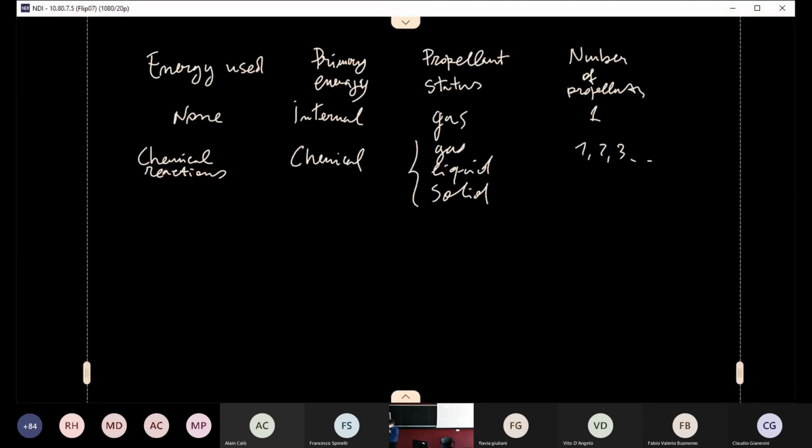Then, to get our internal energy, we can also exploit electricity, because there is a way of heating a gas through, for instance, resistances, or through electric arcs, or even microwaves. So we can exploit electricity here. The primary energy, in this case, if we use electricity, can be chemical, nuclear, solar.